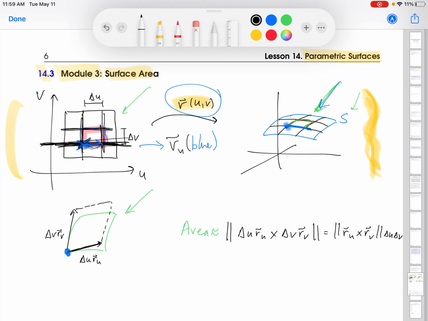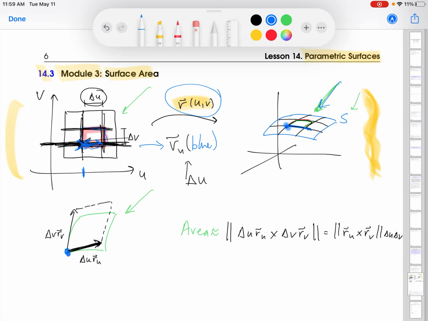Great, so I'm down here now, and I have information about that change. Suppose I then multiply this R sub U partial derivative times a small delta U. Right? So I'm trying now to sweep out this red rectangle on the surface S. Well, so then I'm over here. So I've gone this far. Now, suppose I go back and I do it all over again. I start again at my blue point, but instead of looking at a constant V grid line, I look at a constant U grid line.